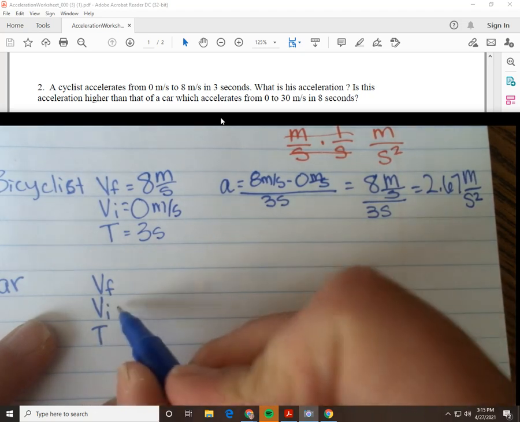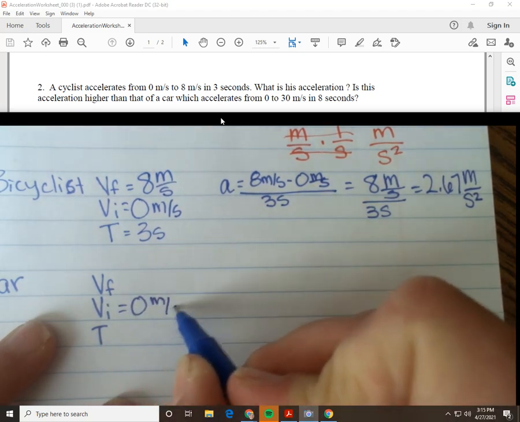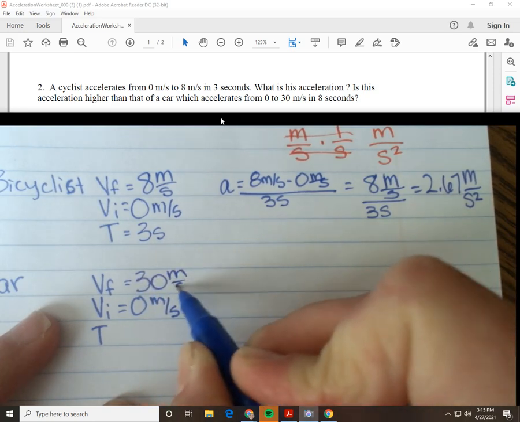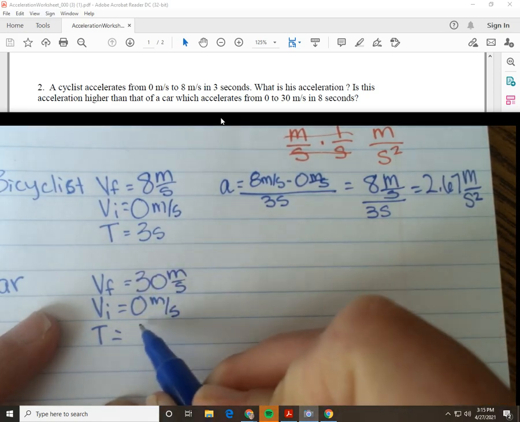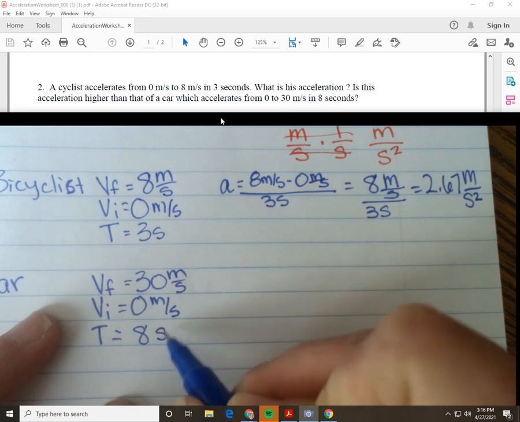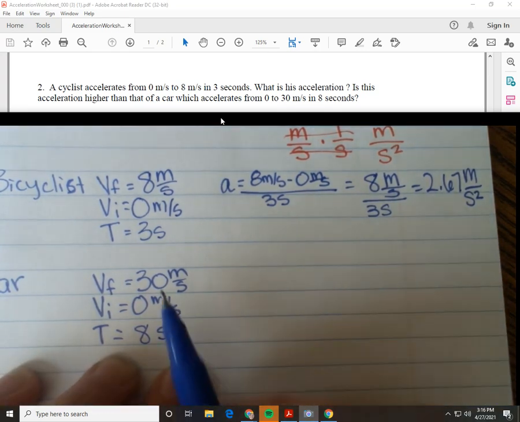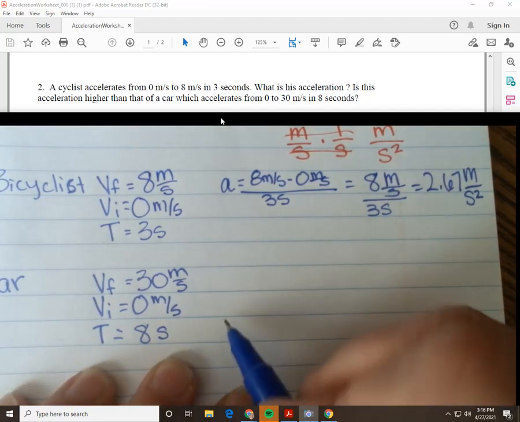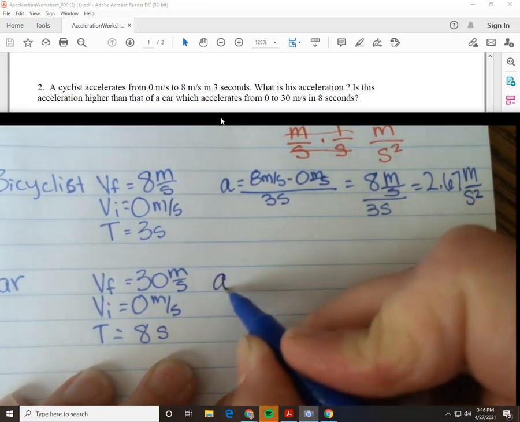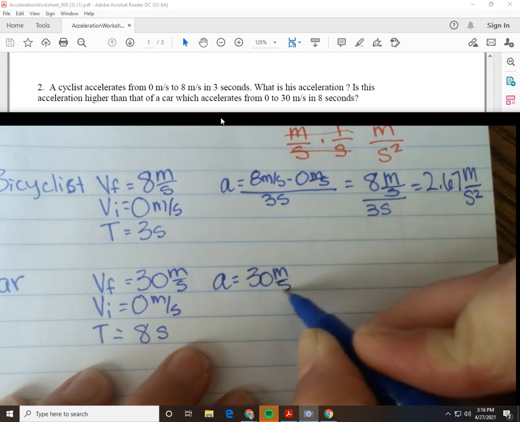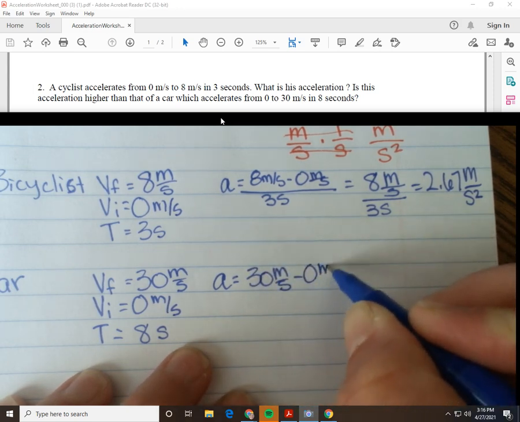accelerates from 0. So we're going to start from a standstill to 30 meters per second in 8 seconds. So it takes this car longer to get to that 30 meters per second, but that's a greater velocity. So let's see what the acceleration is to compare those two. Acceleration equals 30 meters per second minus 0 meters per second.